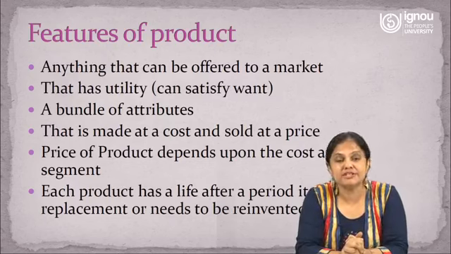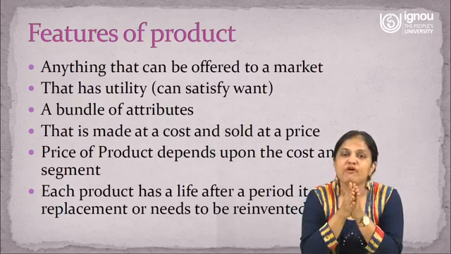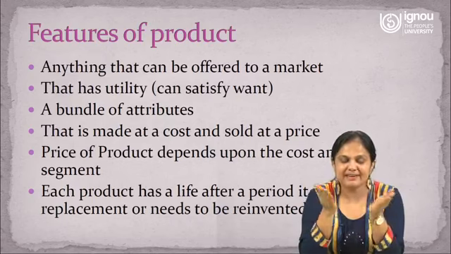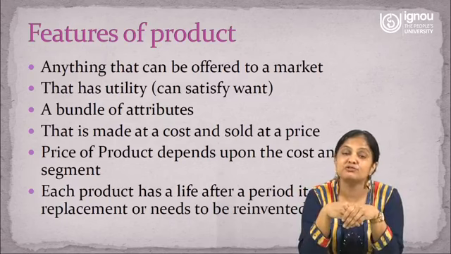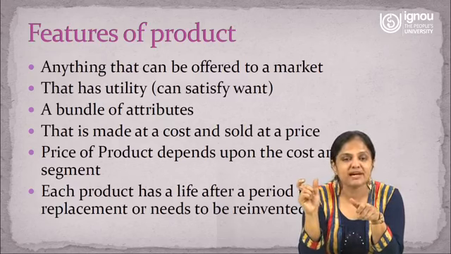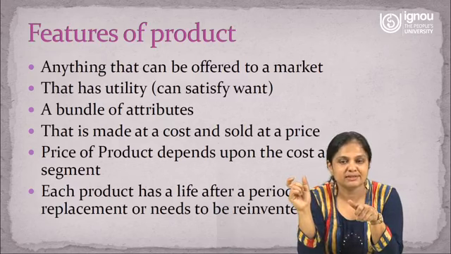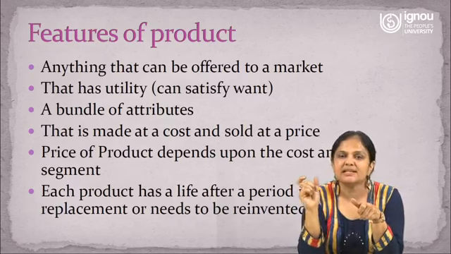Now let us see the features of products. Products are those which can be offered to a market. So it is an offering, and if it has to be offered in a market, it should have utility. Utility means it should have some value that can satisfy the wants of the consumers or customers. What is want?